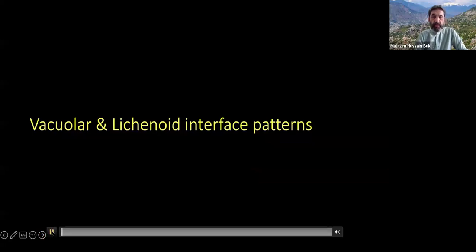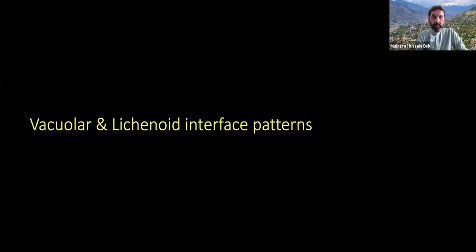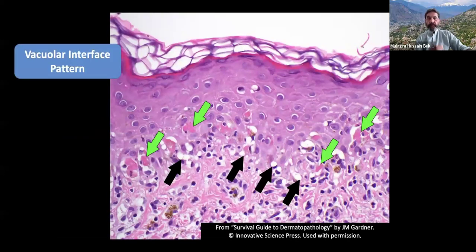Now, this is a really important part of the talk, the vacuolar and lichenoid types of interface dermatitis. Recognizing interface dermatitis is a crucial skill in dermatopathology, and it's not that hard to do. We call it interface dermatitis because the inflammatory damage is happening at the interface of the epidermis and dermis. Lymphocytes come up here and attack the basal keratinocytes for whatever reason, and in the process some of the keratinocytes die, which gives you these little pink blobs of dead keratin.